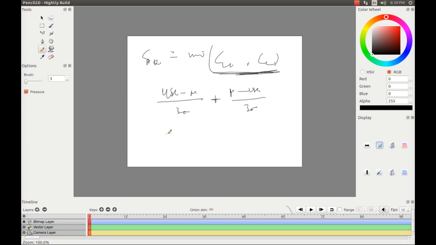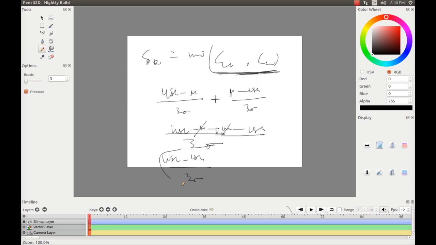Now let us take the LCM. 3 sigma, USL minus mu plus mu minus LSL. Now plus mu minus mu cancel each other, then we are left with USL minus LSL by 3 sigma.